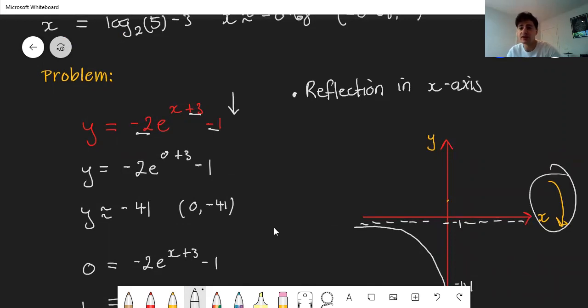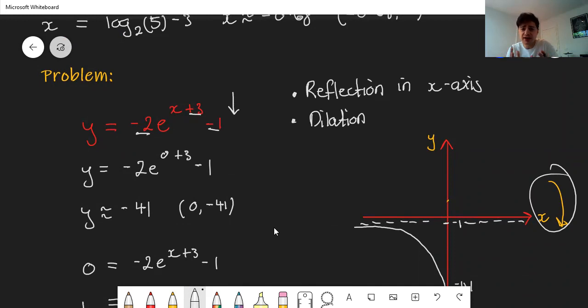That was this thing here. There is also, we are multiplying the base number by another number, 2. This was called a dilation.